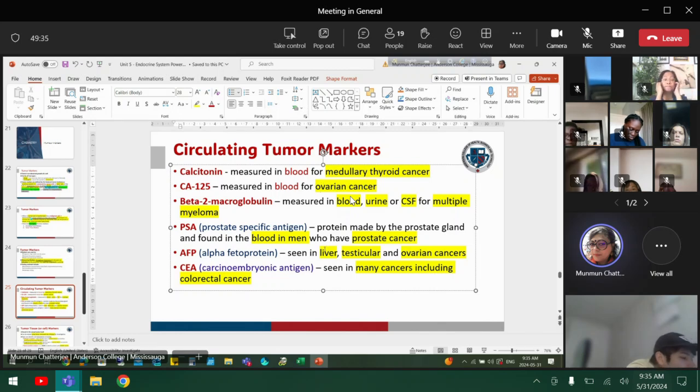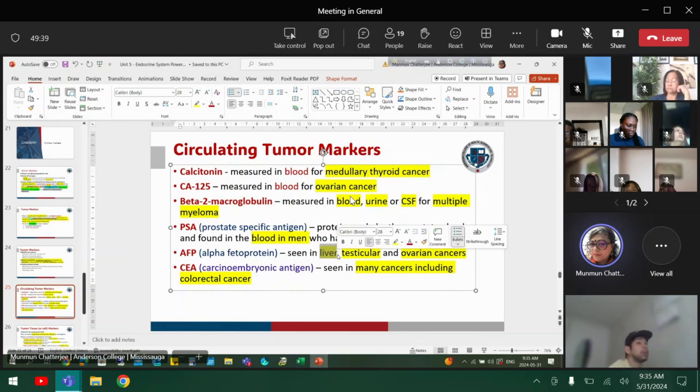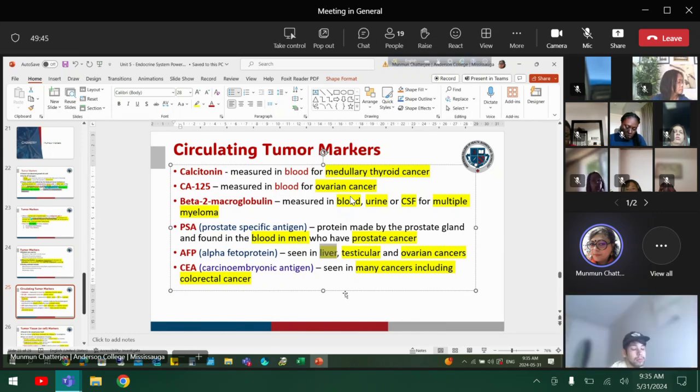But if you want to rule out only the liver, when they have to catch whether it's a liver cancer or something else, they are going to order maybe three of them. CA125, PSA if it is a male, and if it is a female, they are only going to order CA125 and AFP.